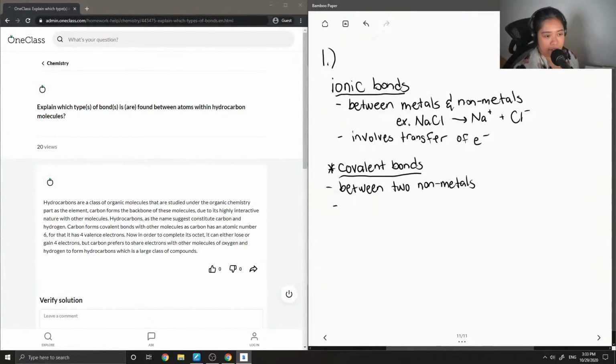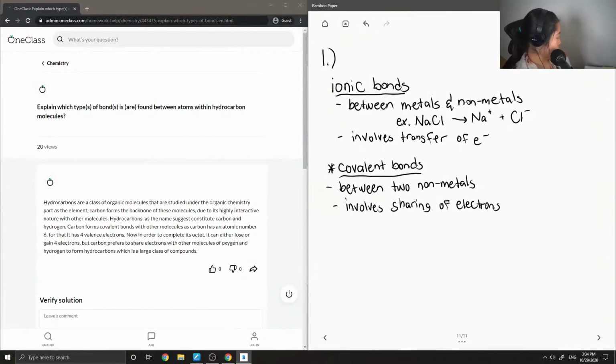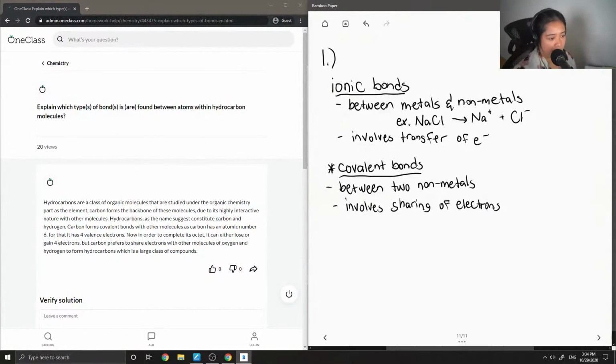And it doesn't involve the transfer of electrons, it actually involves the sharing of electrons. Okay, so those are covalent bonds.